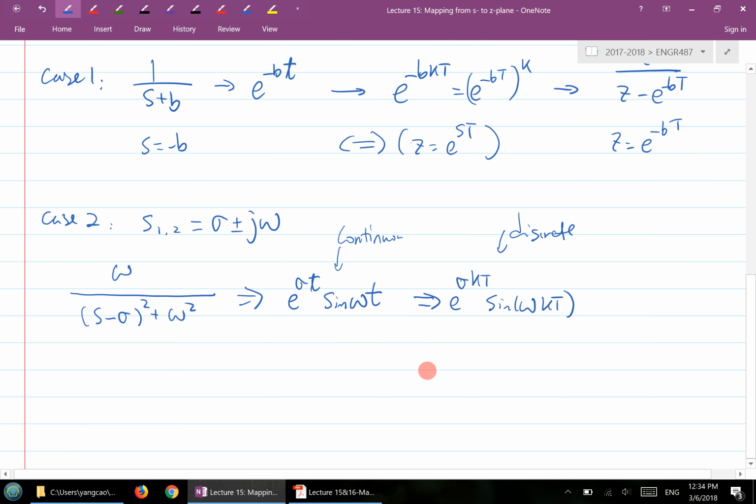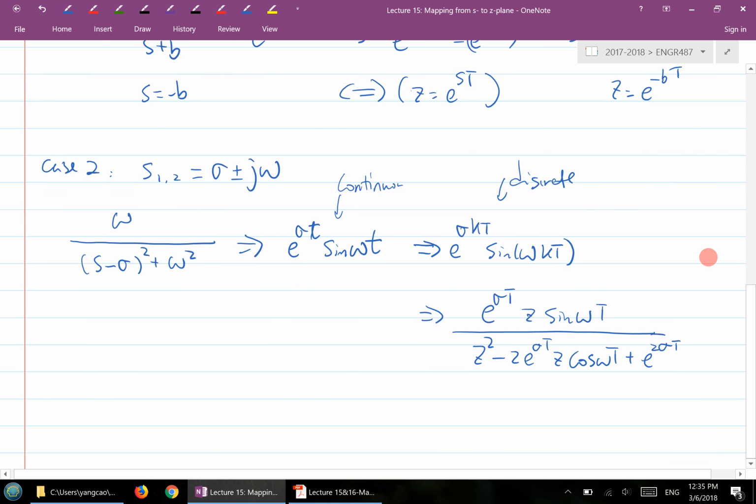Then you can take the Z transform of this discrete sequence, and if you look at the table, you basically get this one here. So it's all in the table.